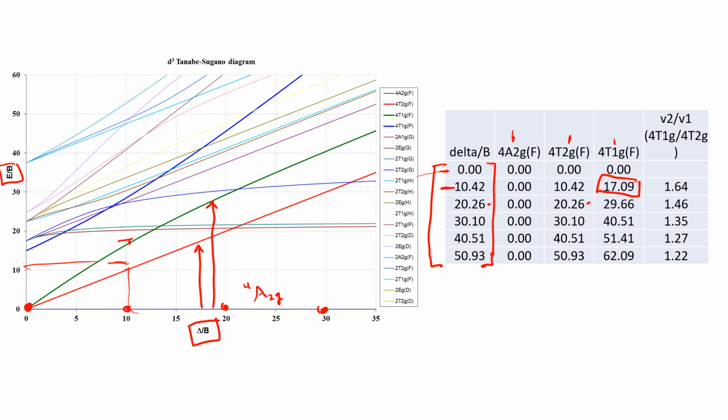To use this method, we're going to need a ratio of one energy over another, and we're going to find the best match on this curve. So we'll take the energy of our second transition divided by the energy of the first transition. We're going to get some ratio, and we're going to look for that ratio in this last column.